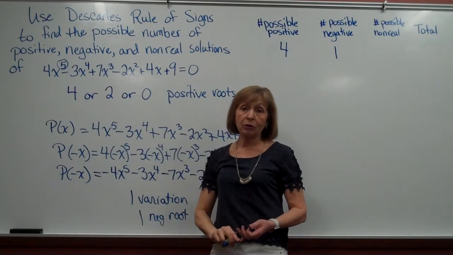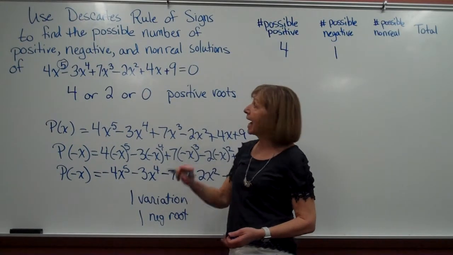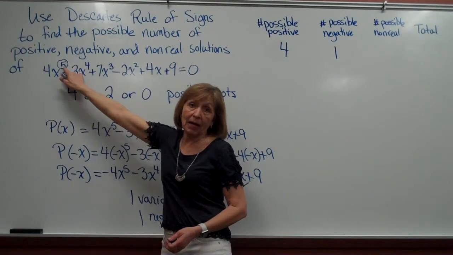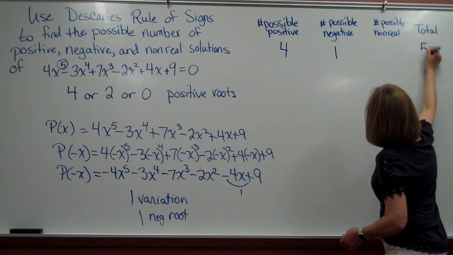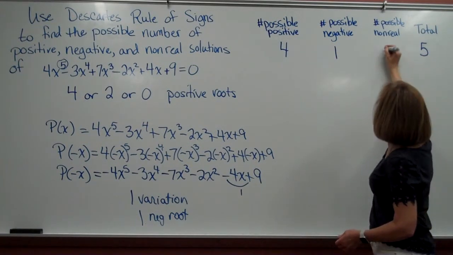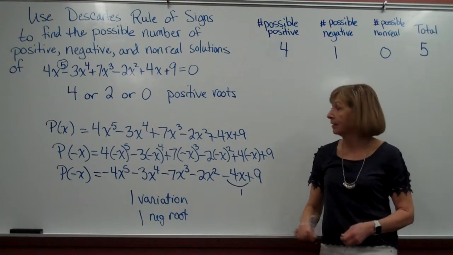So if I count multiplicity and the complex non-real solutions, I'll have as many answers as the highest power in my polynomial, so 5 is my total number of roots. Well, 4 plus 1 is already 5, so that would mean in that situation, I wouldn't have any non-real roots.